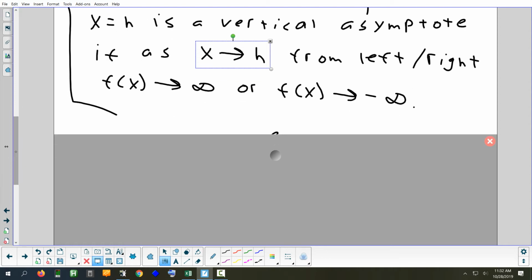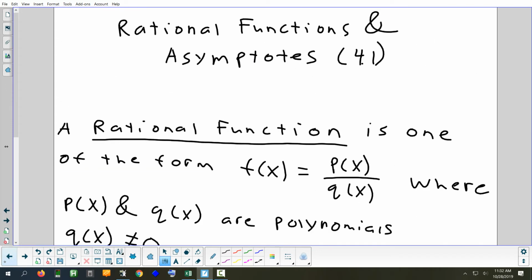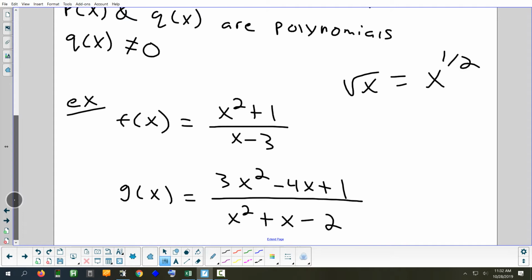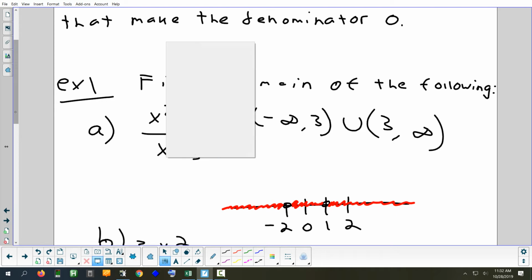Now, algebraically, it's very easy to find vertical asymptotes. You basically already did it in the first problem in this section. Remember when I said finding the domain is useful for something else? Well, if I go back to the three problems you did, you said the domain here was all real numbers except 3. 3 is the vertical asymptote.